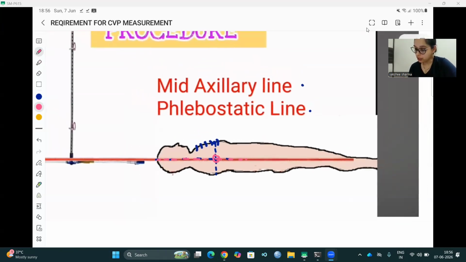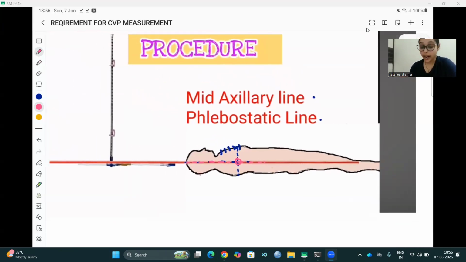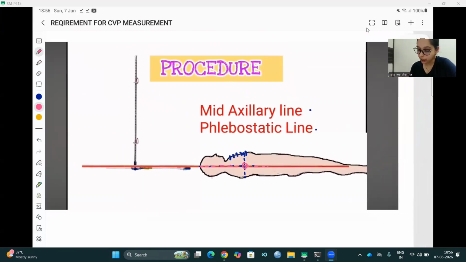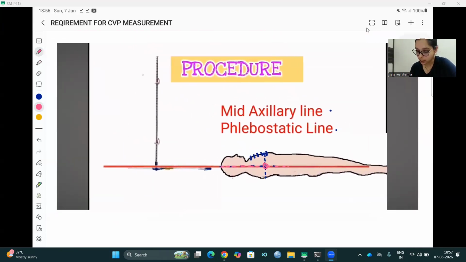And during the procedure, we have to adjust the manometer on the patient's phlebostatic axis or phlebostatic line. You can see the manometer is also on the same axis as the patient's phlebostatic line.